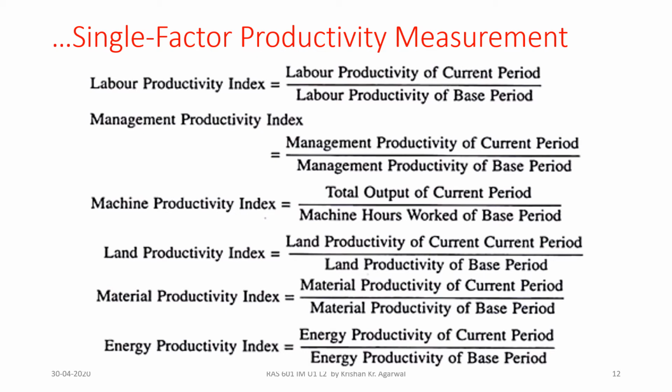Like single factor productivity can be judged in terms of labor productivity, management productivity, machine productivity, land productivity, material productivity, as well as energy productivity, by taking into consideration the output in terms of the goods produced by the labor, for the current year to the base year. The comparison year can be taken into consideration.